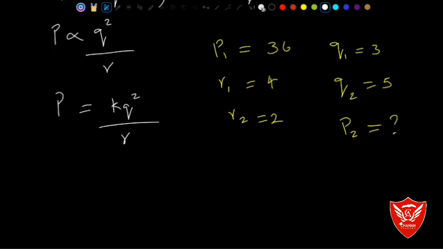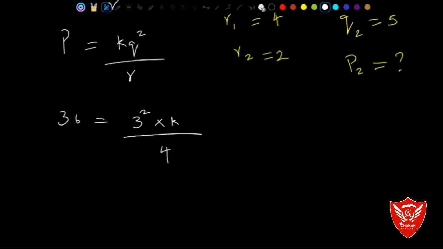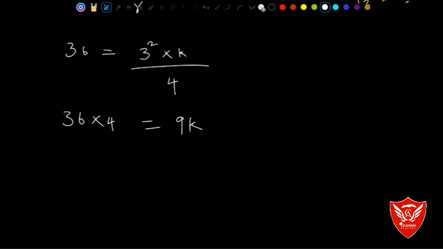So let's substitute the values. p1 is 36, so we have 36 equals 3 square multiplied by k all over r1, which is 4. When we cross multiply, we have 36 multiplied by 4 equals 3 square, which is 9, so 9k. Multiplying the left hand side, we have 144 equals 9k.